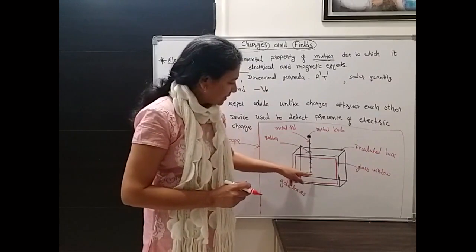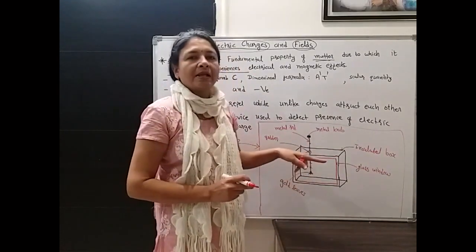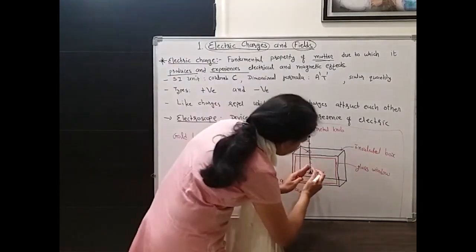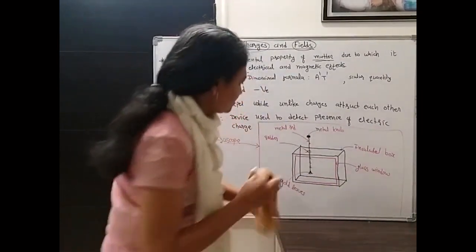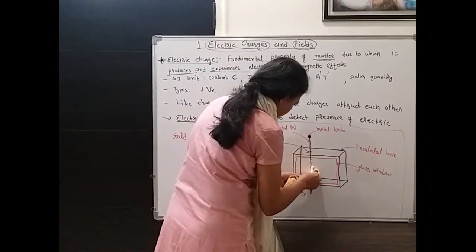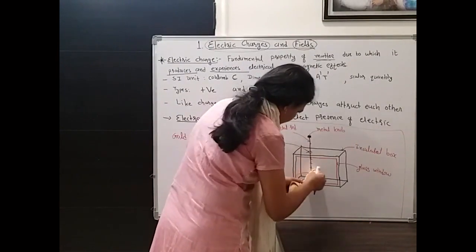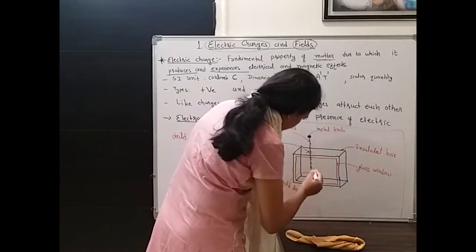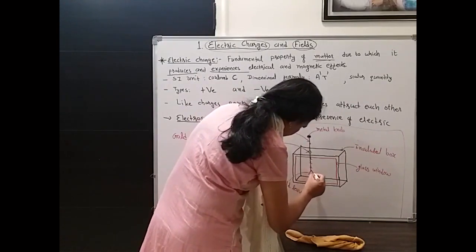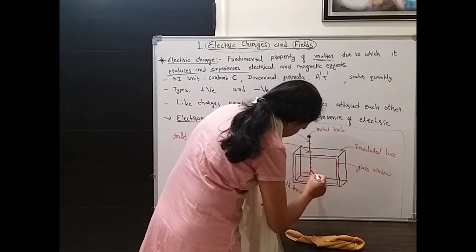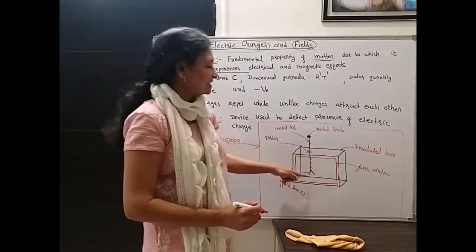So these two leaves will repel each other. So the leaves get separated. So the situation will be like this, the two leaves get separated.